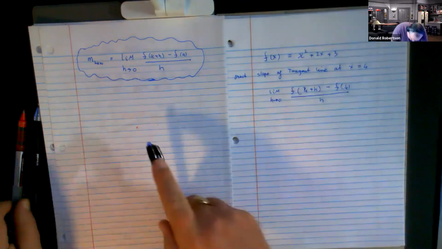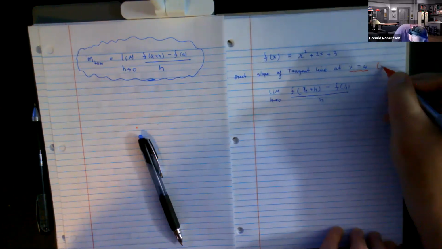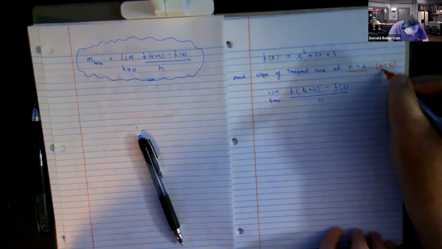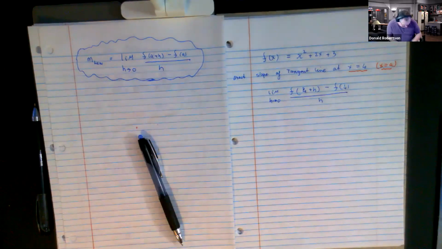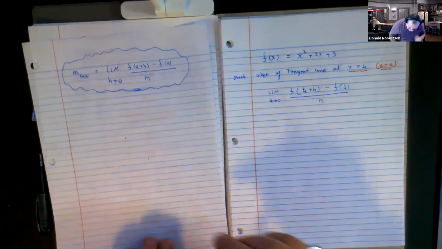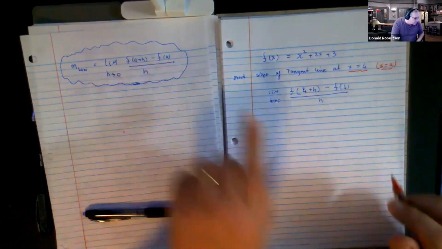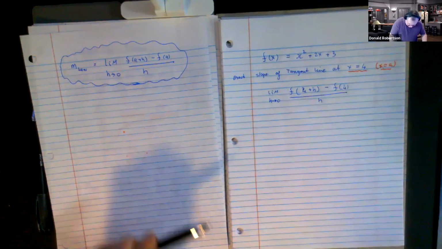Because when you want to find the tangent line at x equals 4, aren't you really saying x equals a? Right? In my picture, wasn't a the place you want to find the tangent line? So when you're thinking, how am I going to use this formula? A is going to be the x coordinate of the point you're trying to find the tangent line for.